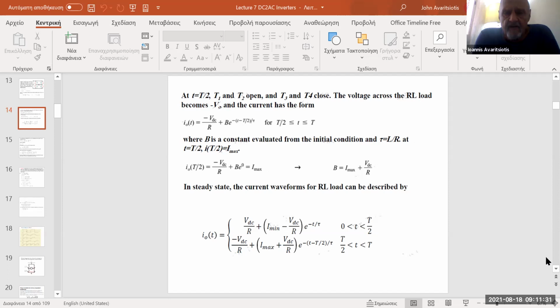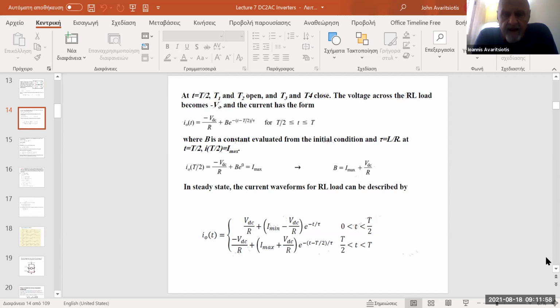The fact that tau is still the ratio of L over R. At time T equals half the period, we would expect to have a maximum current flowing through the load, I max.